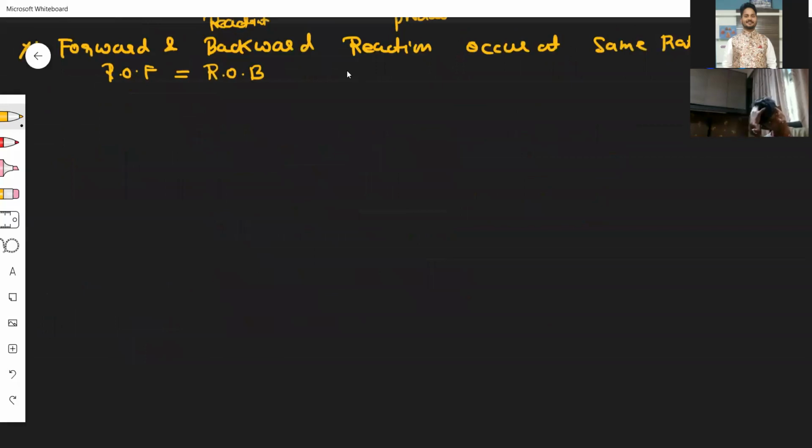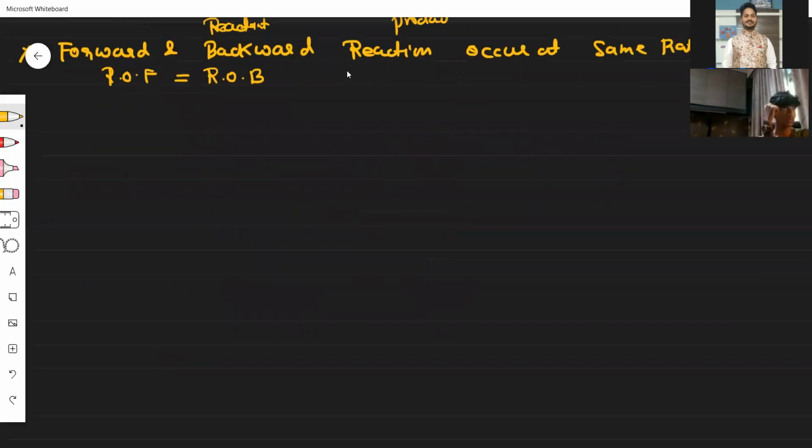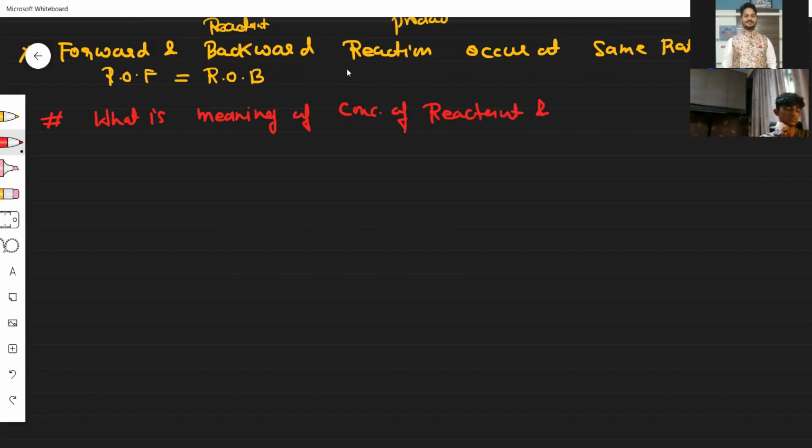So the next, what is the meaning of concentration of reactant and product remains constant? The third characteristic: concentration of reactant and product remains constant at equilibrium.